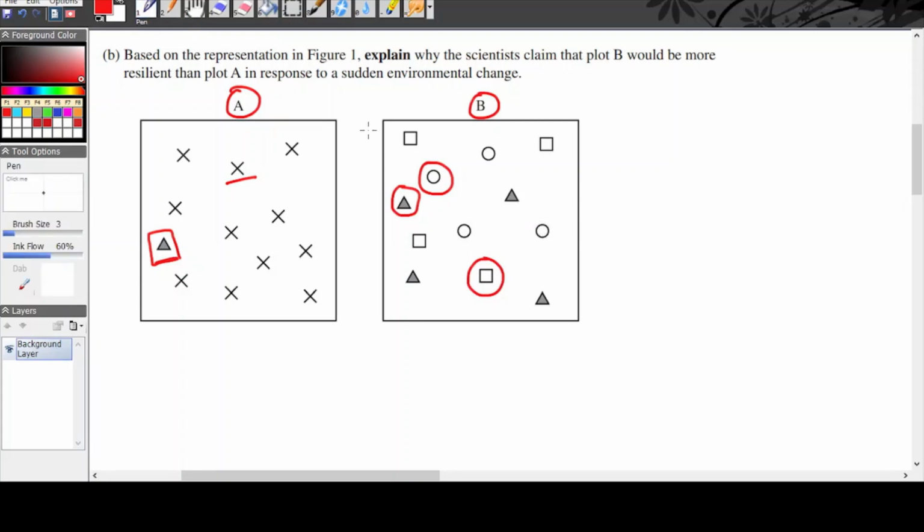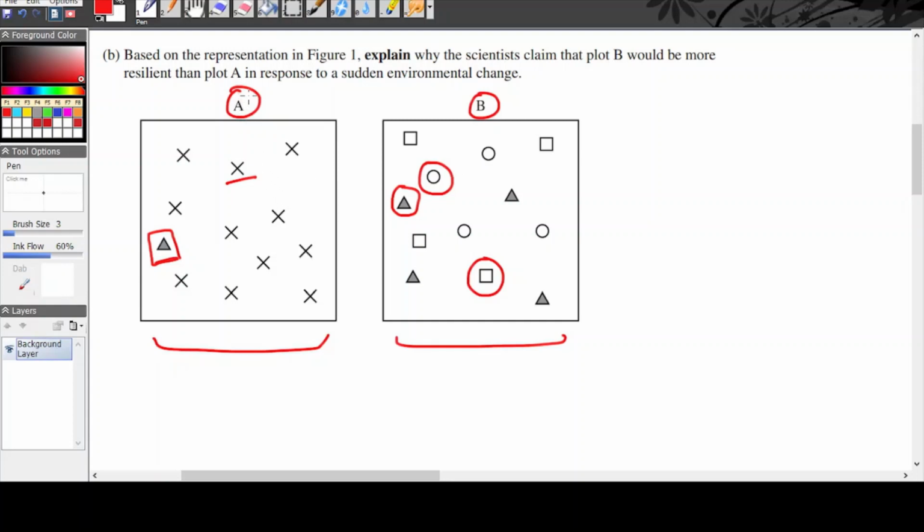Now, the reason why plot B would be more resilient to a sudden environmental change is because of the wide variety of species in plot B compared to plot A. Because there are a wide variety of species in plot B, they would be able to respond to different environmental changes more appreciably and with greater resilience.